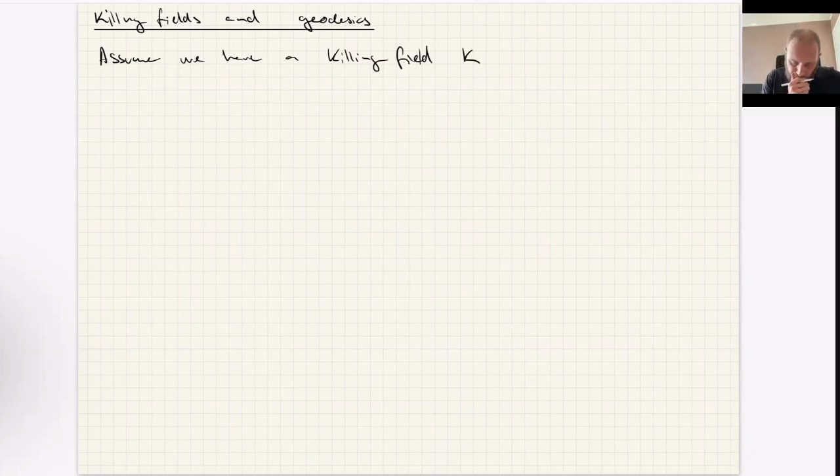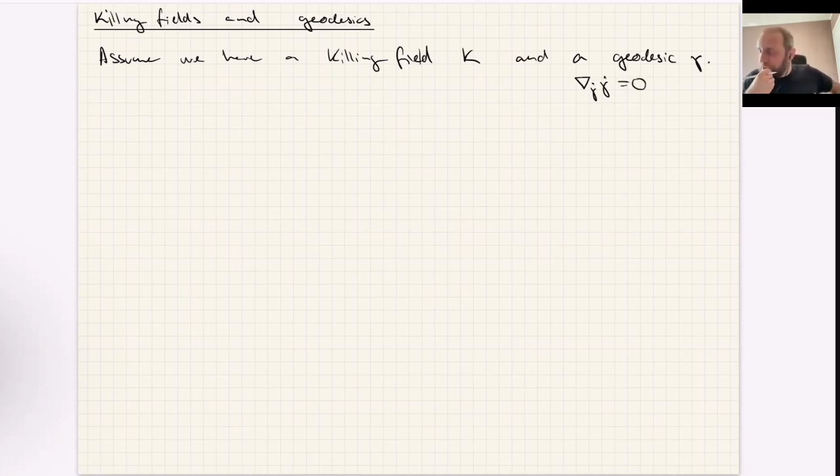And the geodesic, let me call it gamma. So this means that the tangent vector of this geodesic satisfies the geodesic equation. So this means that the affine connection acting on gamma dot in the direction of gamma dot is equal to 0.